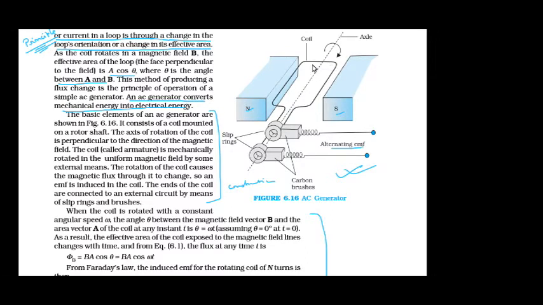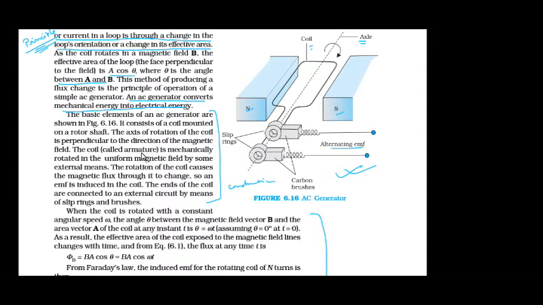This is the rectangular coil, and this is called the armature. This is the axis of rotation.